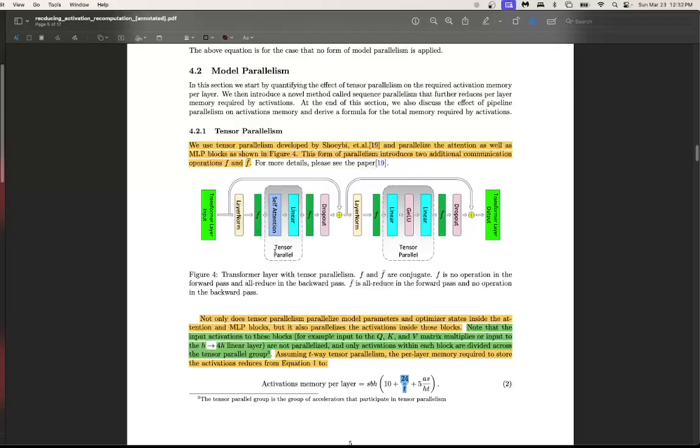So that's one all reduce after the attention layer, and then one all reduce after the MLP for the forward pass. Then for the backward pass, it's the same, but just different locations. You have an all reduce after you go through the MLP backwards here, then you have an all reduce after you go through the attention backwards here. Okay, so that's 4 all reduces per forward backward pass per transformer layer.